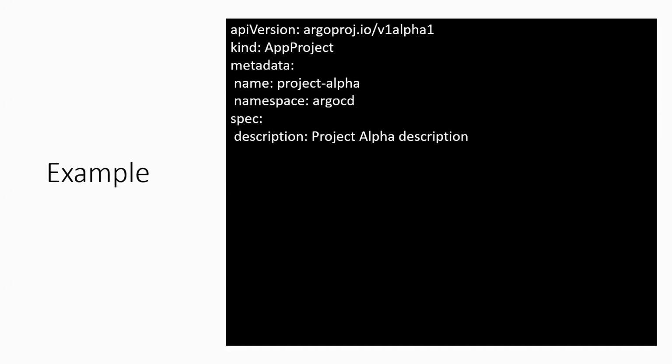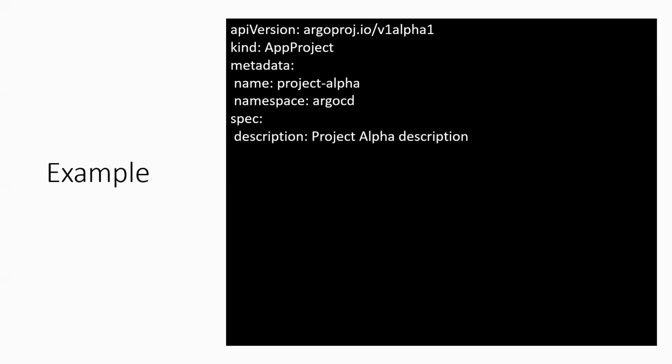So this is a manifest. You can see what API version you are using. You can see the kind we are using, like an AppProject. This kind will help us create projects on Argo CD. We are putting in metadata, and I'm choosing a name called project-alpha. You can name it anything.